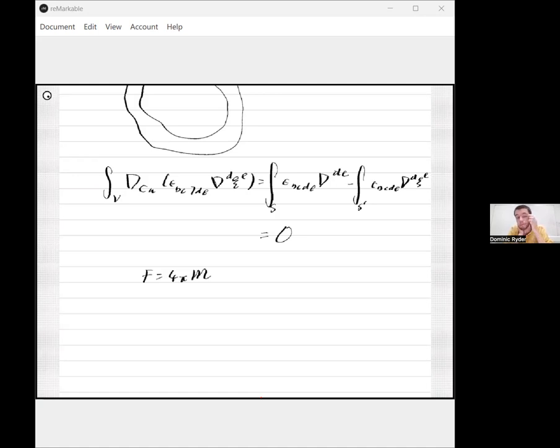Yeah. Okay, thanks. So then, equating the two forces, we get m equals -1 over 8 pi times the integral. Let me move this because I want to put a big box on this.